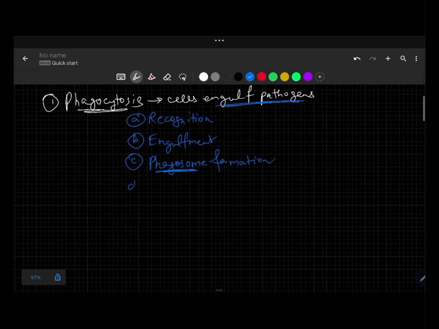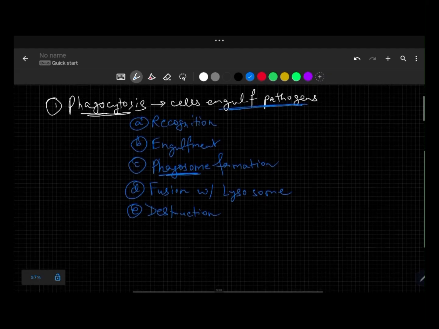Then it will fuse with lysosome, and then it will cause the destruction. Why? Because lysosome has an acidic pH. So that pH and other molecules within the lysosome will destroy your pathogens.